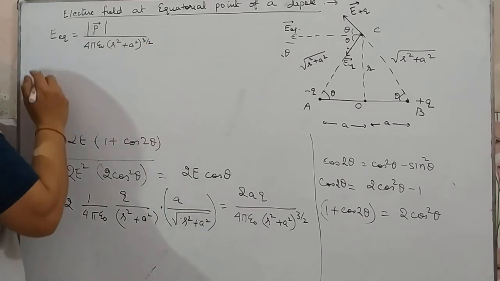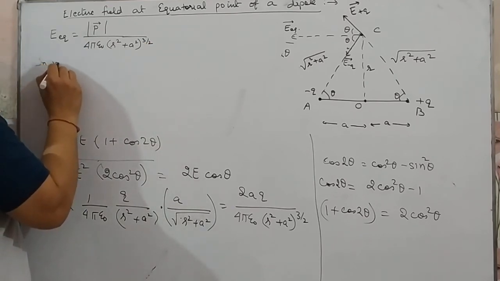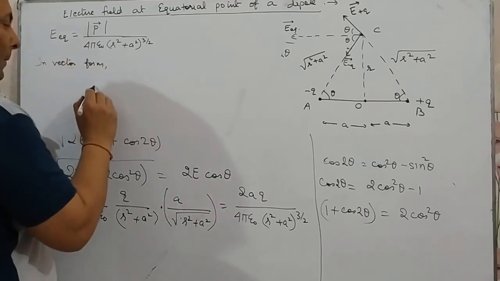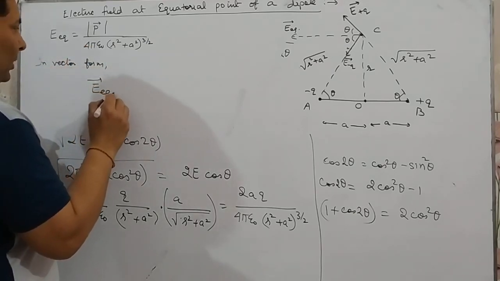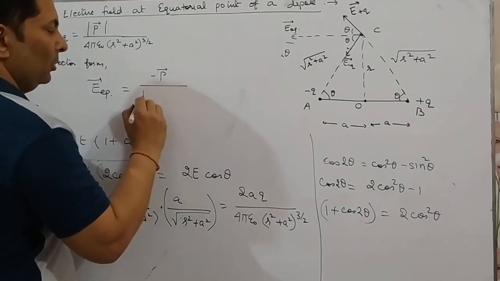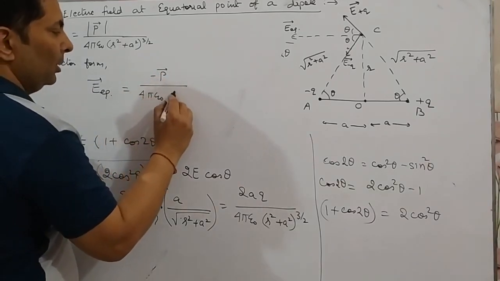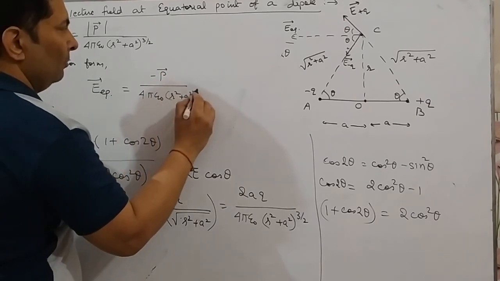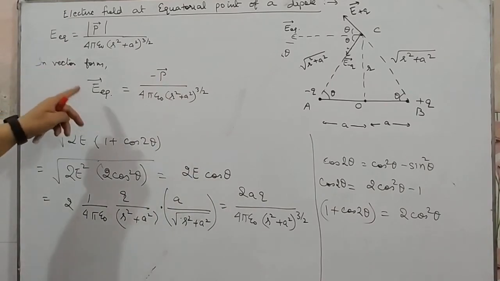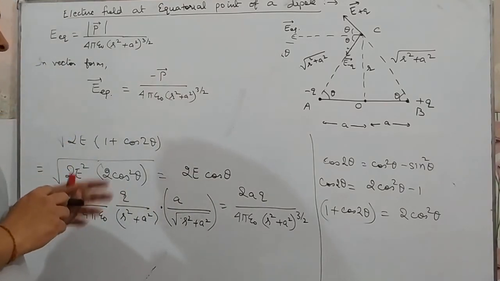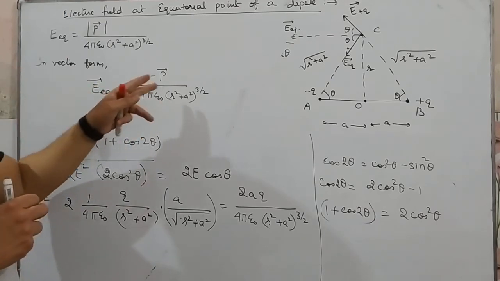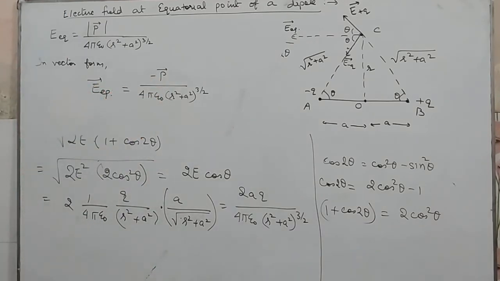Now in vector form, the equatorial vector E is equal to minus P upon 4 pi epsilon naught R squared plus A squared power 3 by 2. You can see this is the value, but the direction is opposite to that of the electric dipole moment.